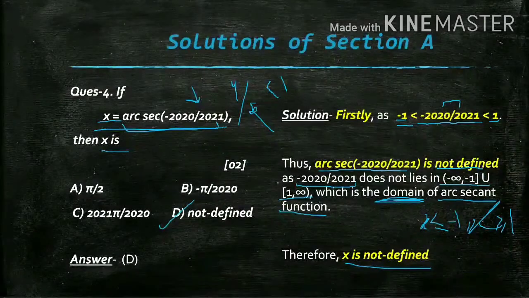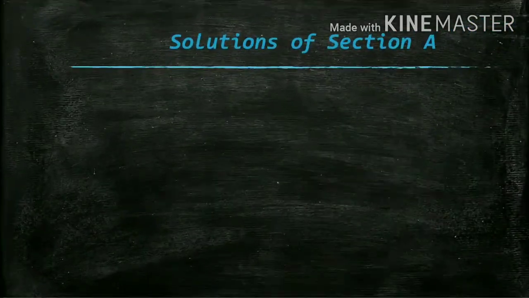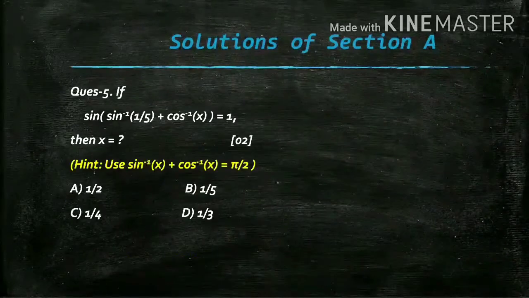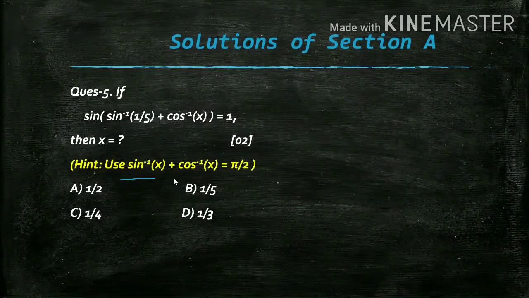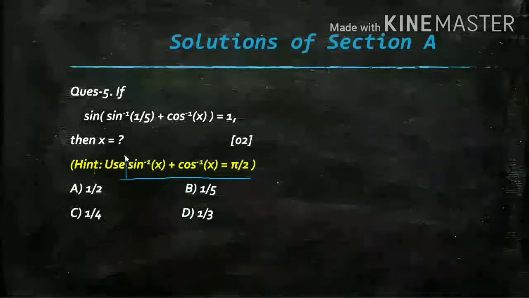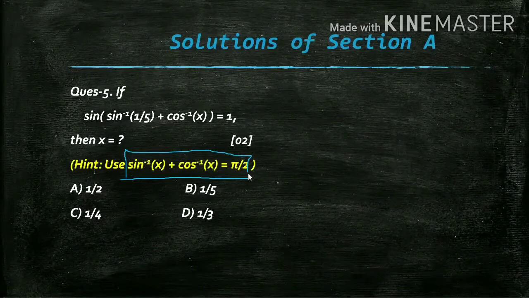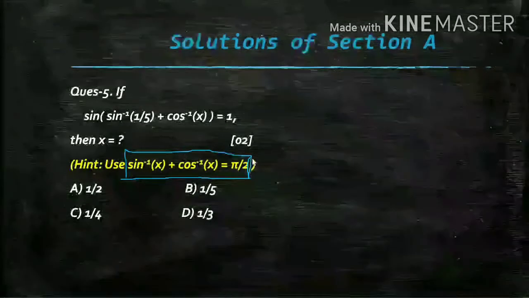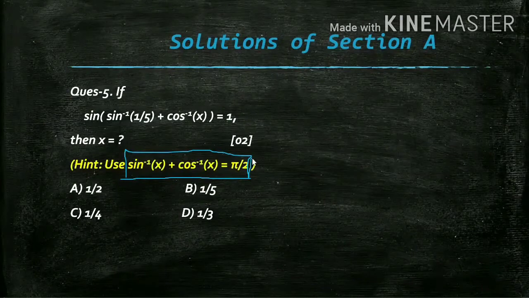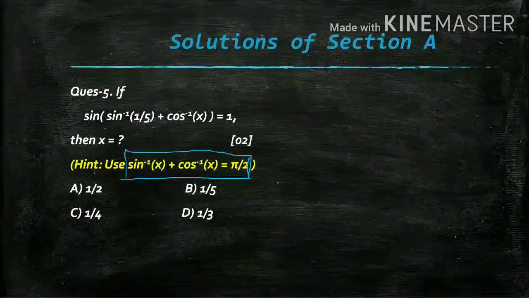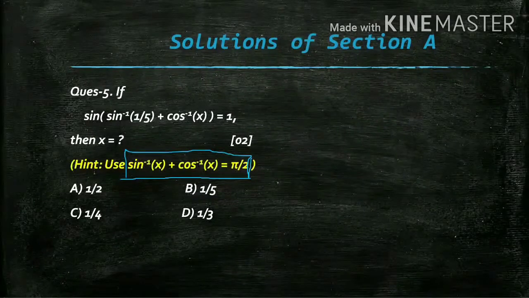Let's move to the fifth question. This fifth question uses a property that I just told you about at paper time. I have not taught you this property up till now, but we'll look at it in the coming classes. I gave you this question just to tell you that you must know how to use this property.